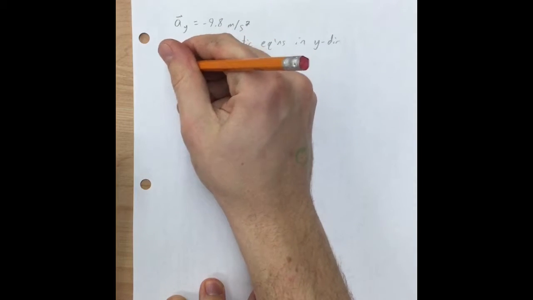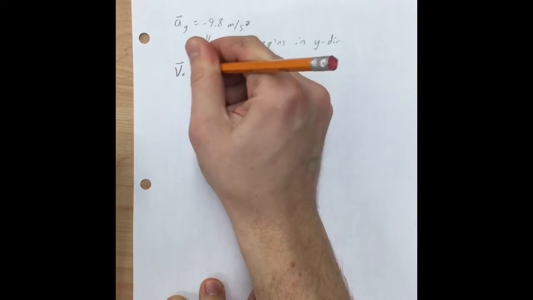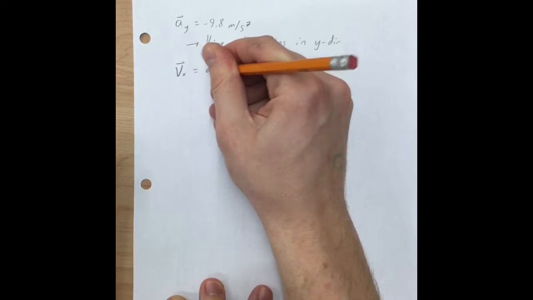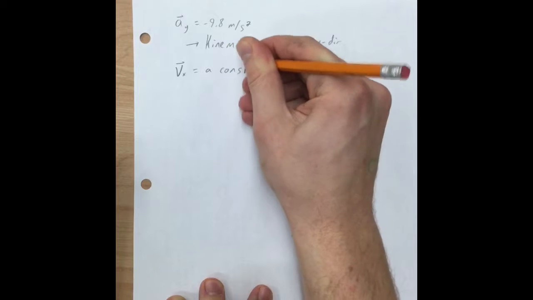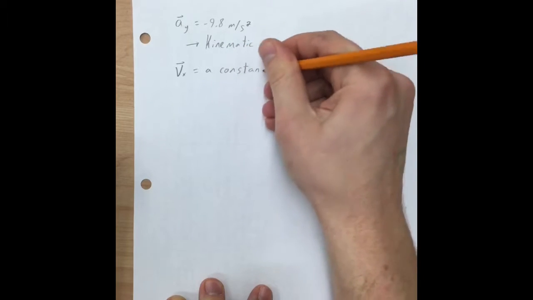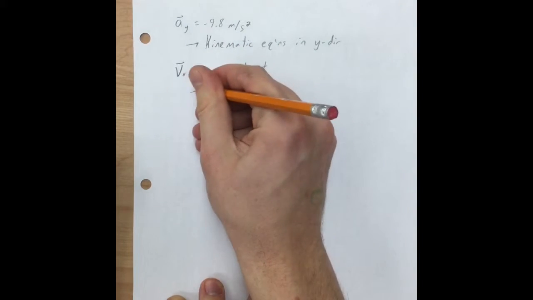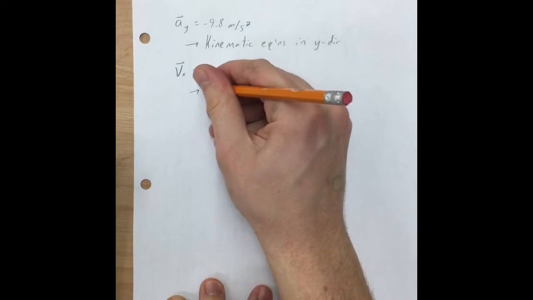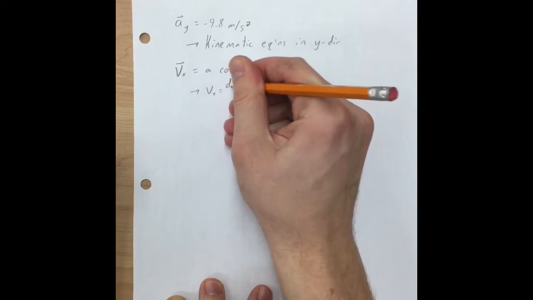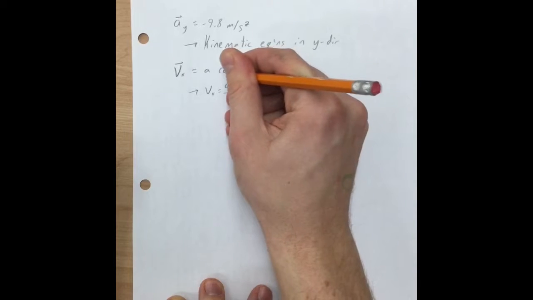Remember that in the x direction, Vx will be equal to some constant number. There is no acceleration. Acceleration is 0 in the x direction. And because of this, we use v equals d over t in the x direction.